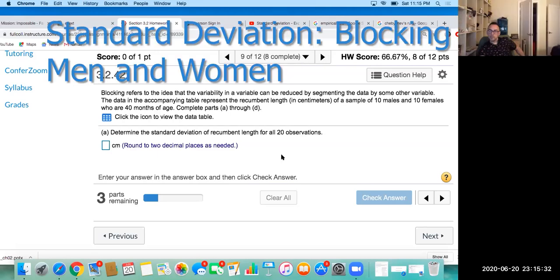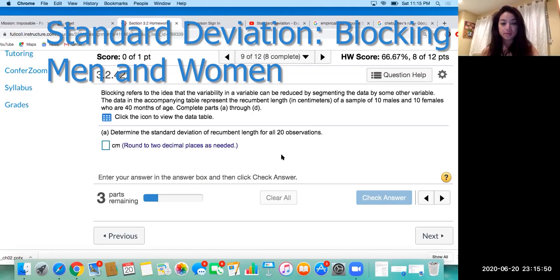This question, in reference to the variable, it's just asking for the standard deviation. Now the question is, is this a sample or a population? Determine standard deviation.